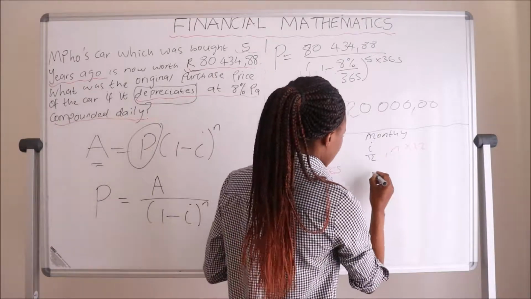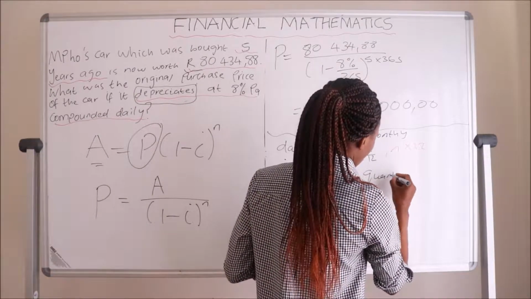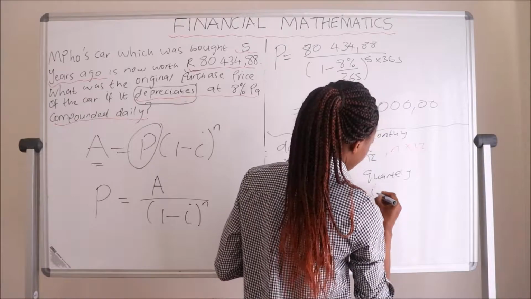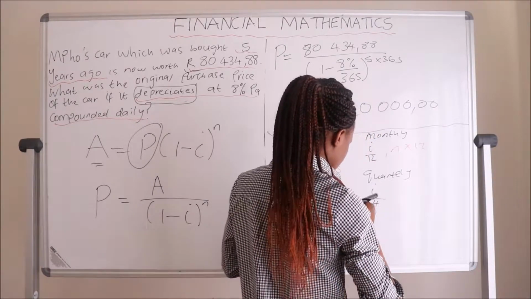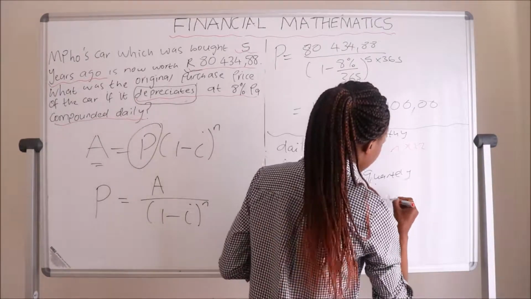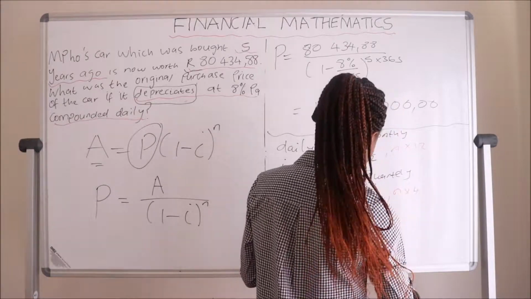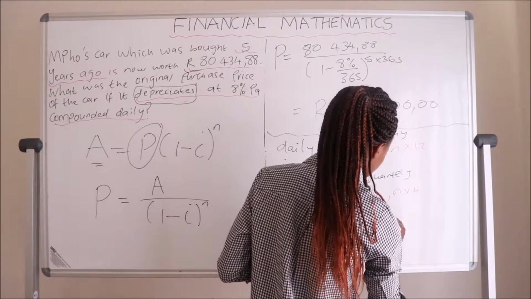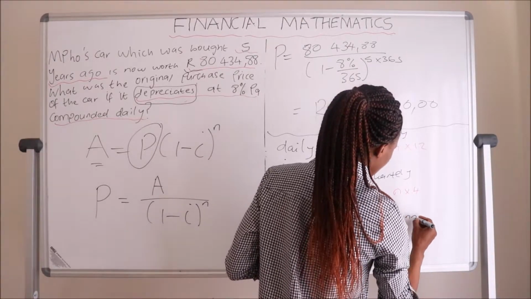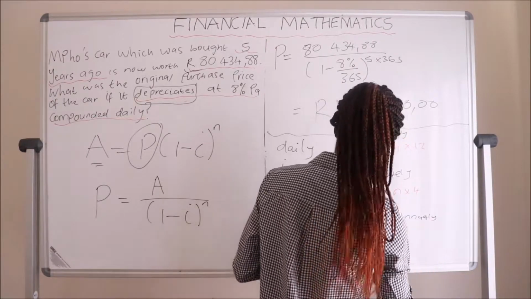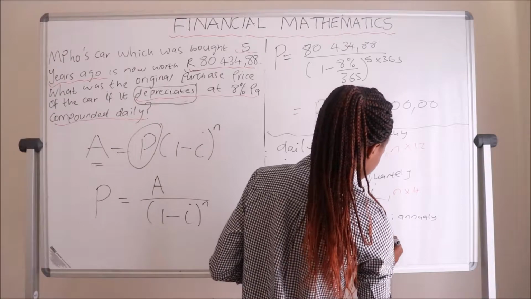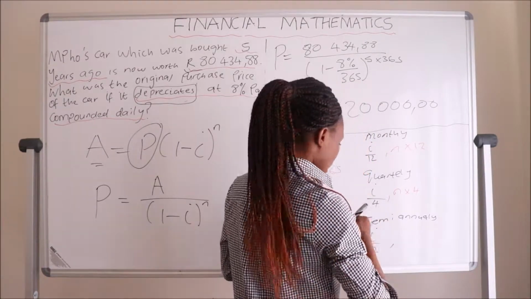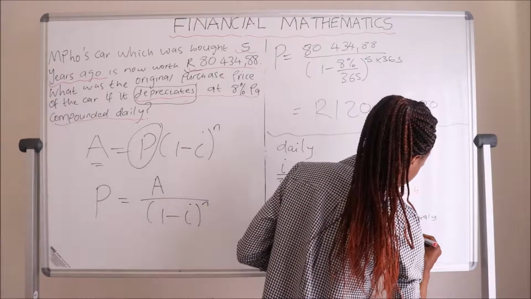Then comes quarterly: you divide your I by 4 and multiply your N by 4. Semi-annually, you divide your I by 2 and multiply your N by 2.